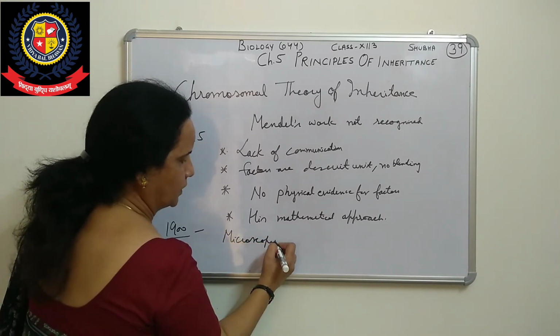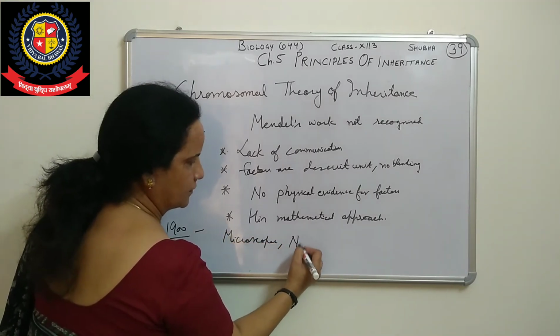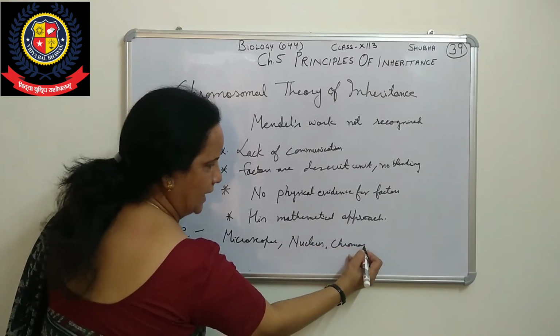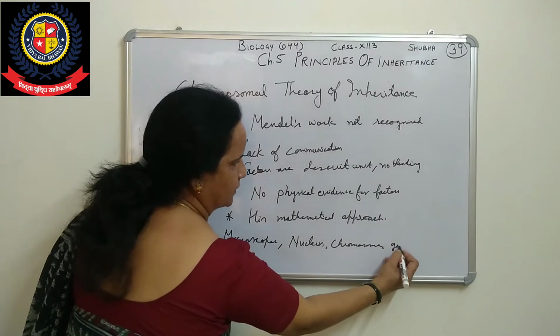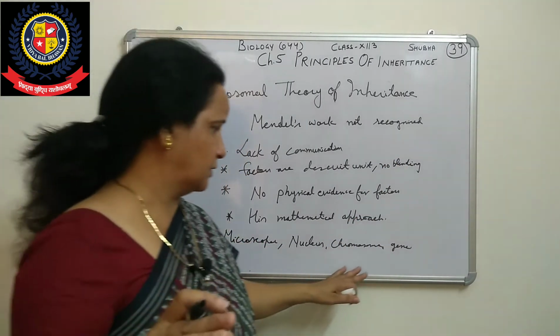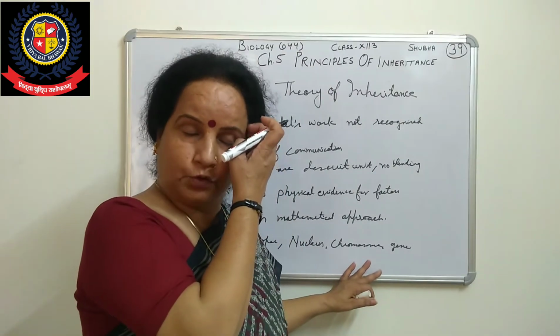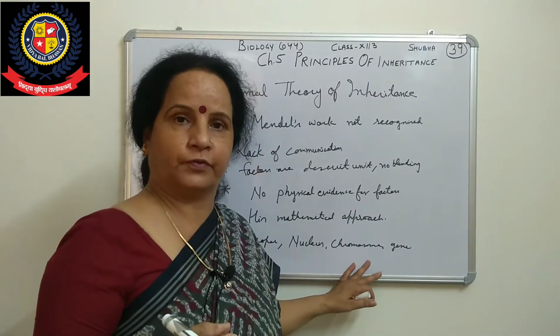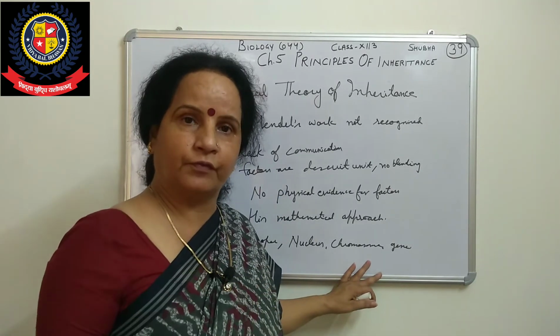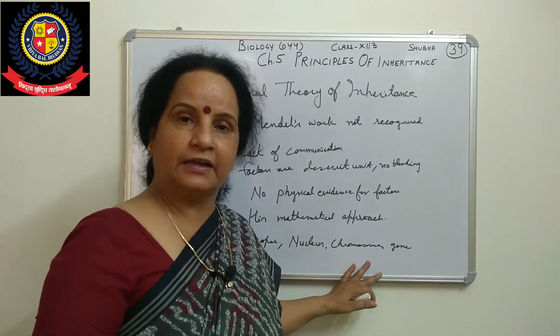Because of the microscope they knew the nucleus. In the nucleus they saw chromosomes, and in the chromosomes they saw genes. They also saw the thread-like structure of chromosomes, which changed.